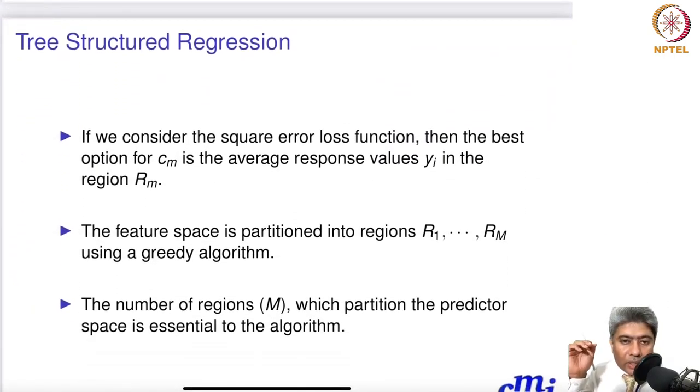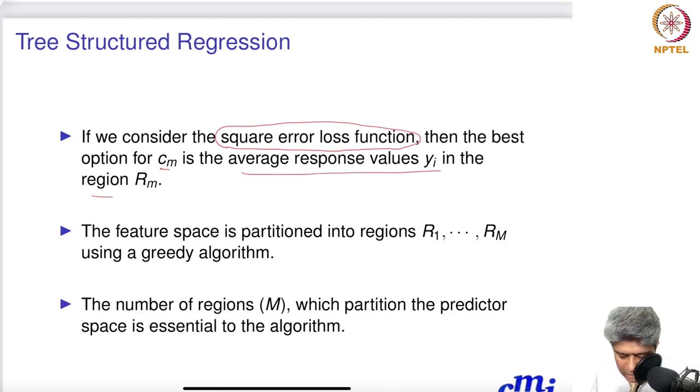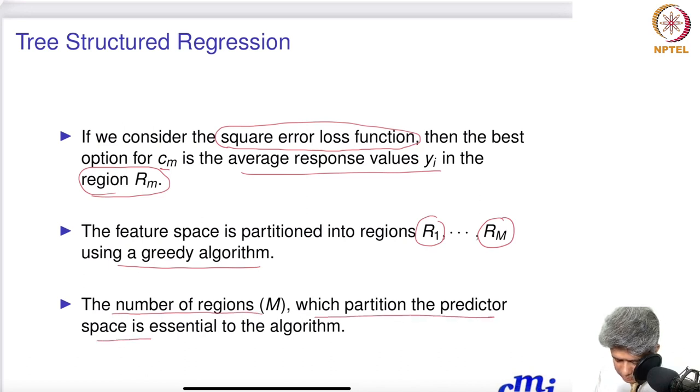If we consider the squared error loss function, then the best option for Cm is the average of the response values yi in the region Rm. The feature space is partitioned into regions R1, R2, up to Rm using a greedy algorithm. The number of regions which partition the predictor space is essential to the algorithm.